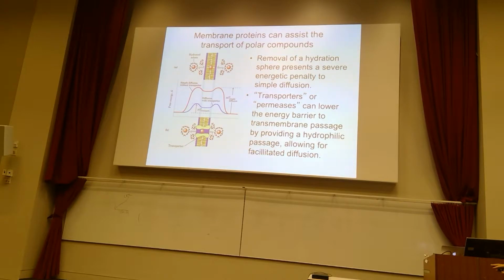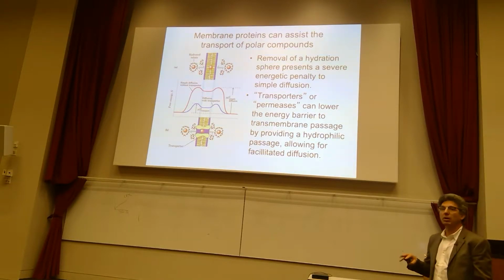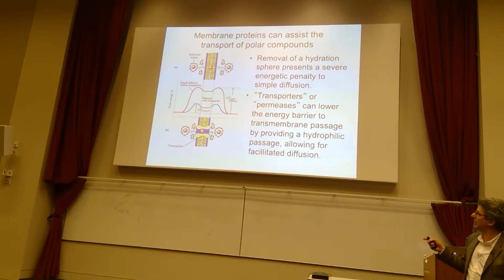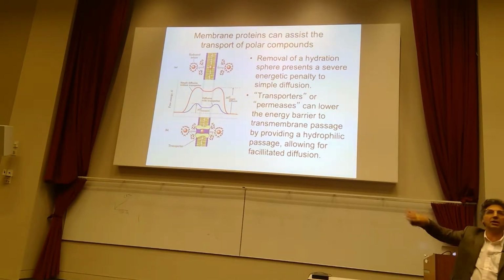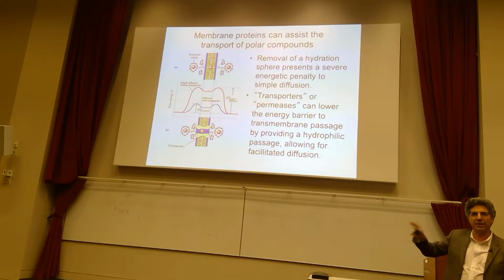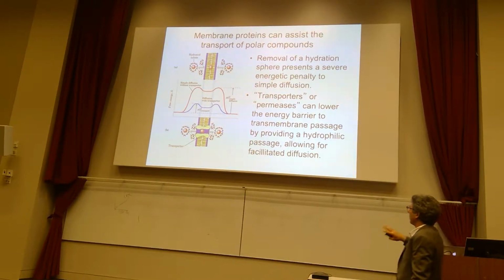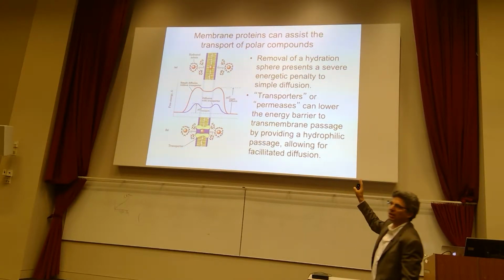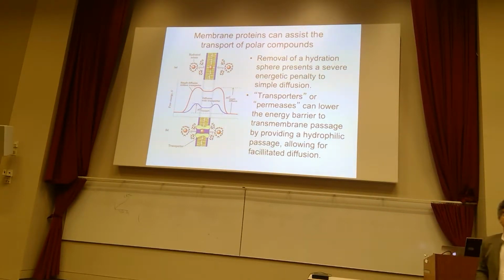And a lot of that high energy is also associated with the fact that those polar molecules need to be desolvated. Right? So on the extracellular side, all those water molecules are sitting around that polar molecule. That's a very energetically favorable condition, but they all need to be stripped off before that molecule can diffuse through the cell membrane. So that explains this huge energy barrier.